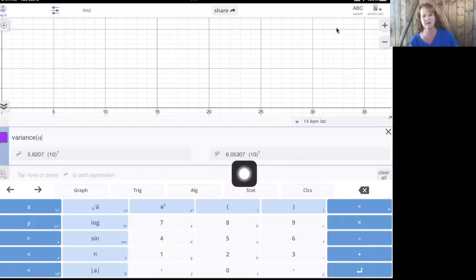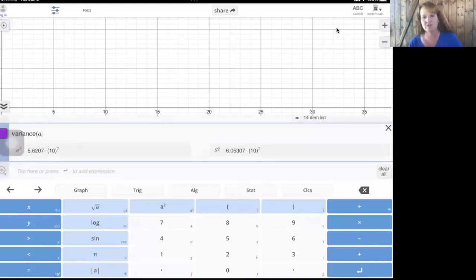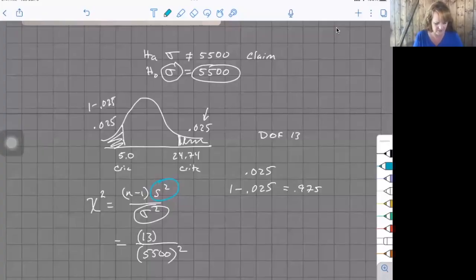Now let's talk about this number. This is 6.05 times 10 to the 7th. That means that you're going to take this number and you're going to move the decimal place 7 to the right. This is scientific notation. So what I'm going to do is take this number that we have and move the decimal 1, 2, 3, 4, 5, 6, 7 to the right. Okay, that's the variance.